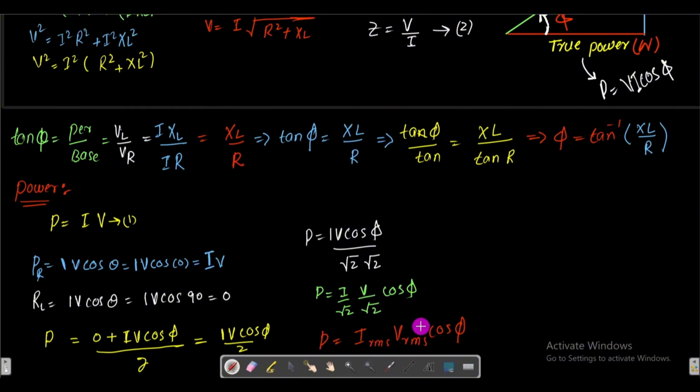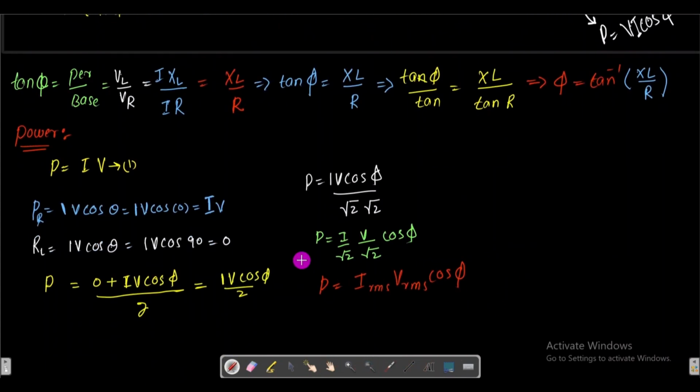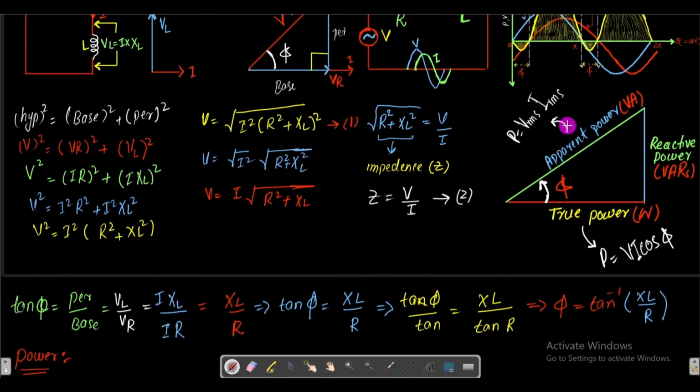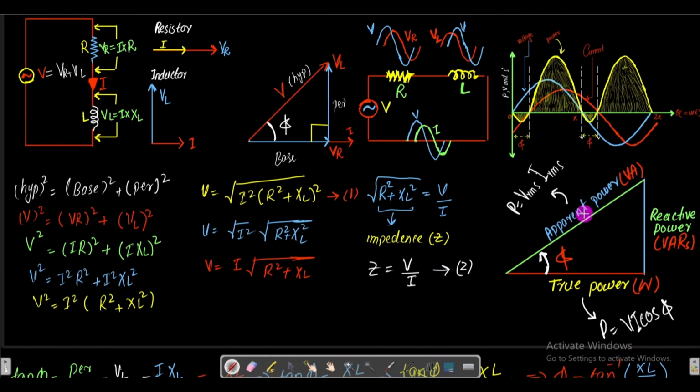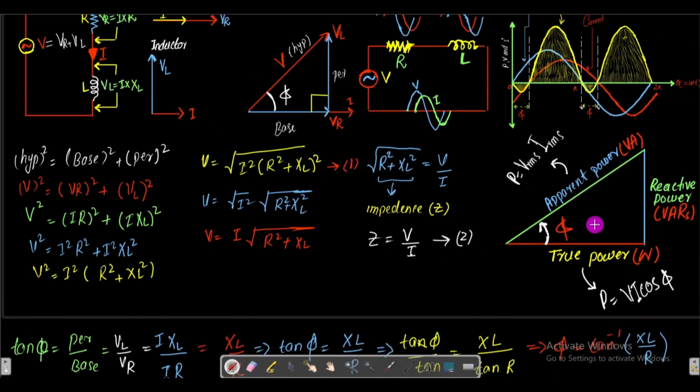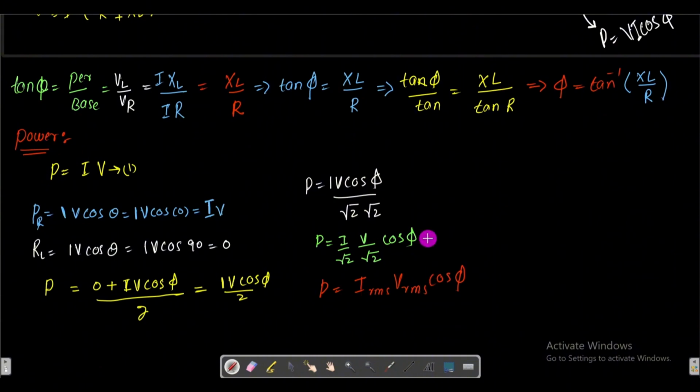Okay, so this IRMS and VRMS product is actually the power, which is given by the apparent power. So this apparent power, the total power provided to the circuit, is given by this relation.